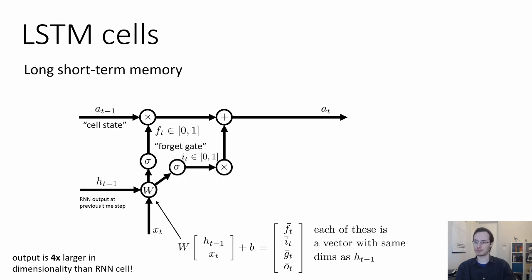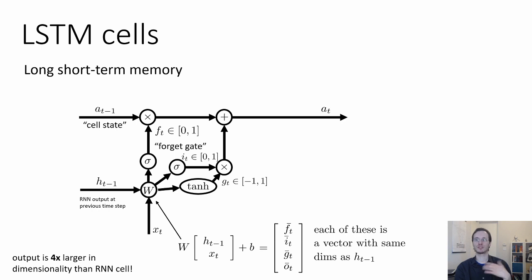Then we take the second part, this is i_t, and we also pass it through a sigmoid, and that is called the input gate. And the input gate controls the modification to the cell state. Then we take the third part, the g_t, and we pass it through some nonlinearity. And this nonlinearity is actually a choice that we can make.